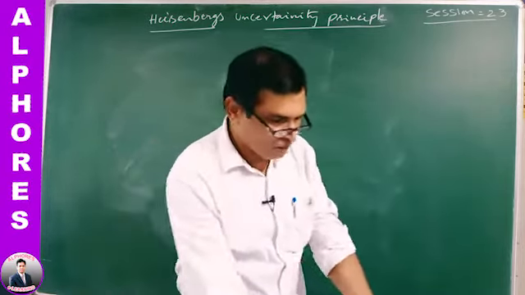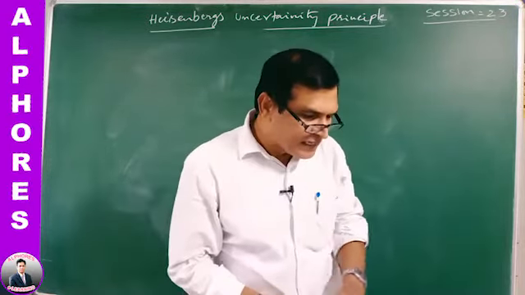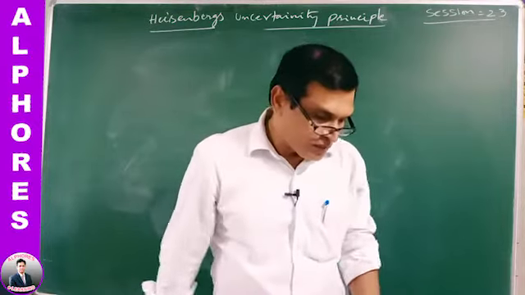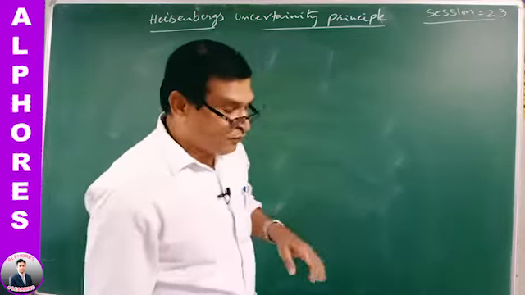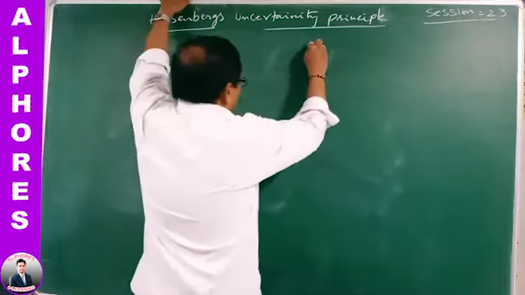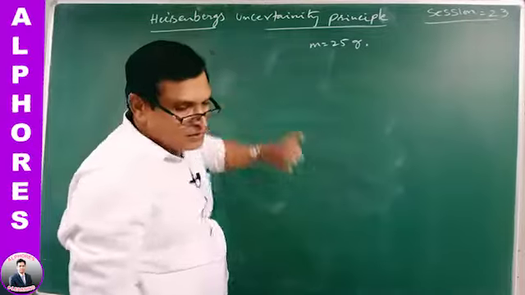The numerical is: the uncertainty in the position of a particle of mass 25 grams. The mass of the particle is given as 25 grams. We should be very careful with this.